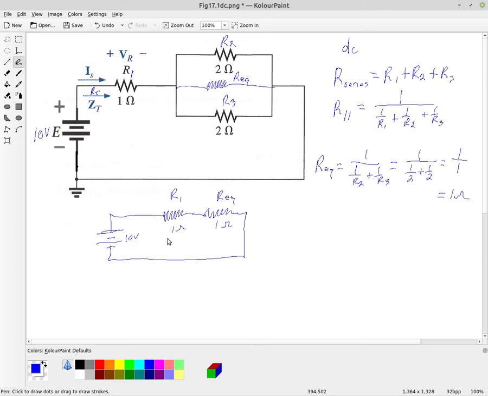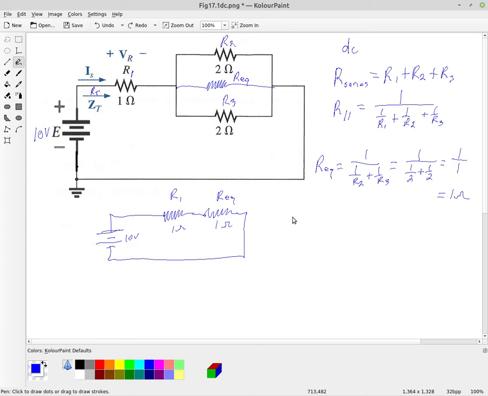So this is what we call an equivalent circuit that has the same overall resistance or impedance to the supply. In this case it's a DC supply, so we just talk about the resistance. But it really helps to redraw the circuit. This is such a simple circuit that sometimes it doesn't seem all that important, but as the circuits get more complex, you really need to redraw every time you simplify.